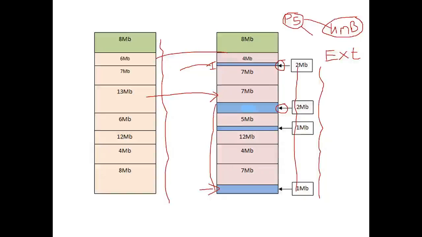Now you can allocate the memory to such processes, because all the free memory is at one end. Like this, using the compaction technique, we can solve the problem of external fragmentation.